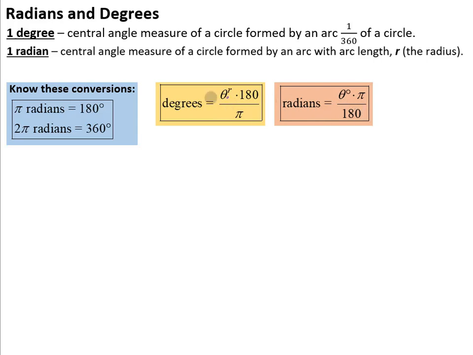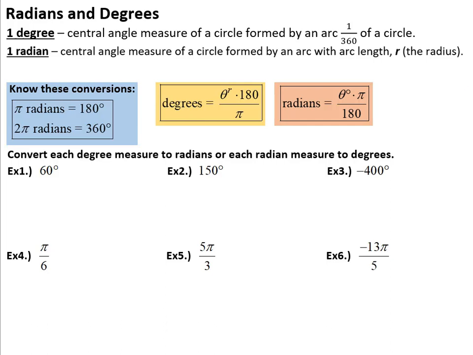A way of remembering is that the 180 goes on top and pi goes on bottom, or vice versa, which you might notice is the main difference between these, other than the given angle being in radians or degrees. It helps if you're trying to cancel out pi: if you're given a radian measure with pi on top, you need pi in the bottom so that the pi's cancel and your degree measure should not have pi in it.